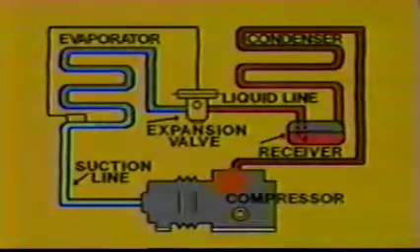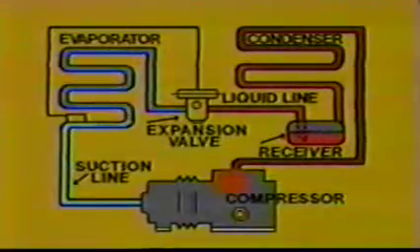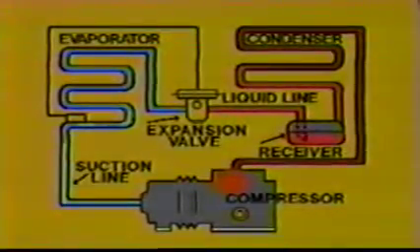The process can continue until the worst possible thing happens. The compressor totally burns out. Once that happens, the system will be filled with as much acid, sludge, and other contamination as it will probably ever see. Contamination that must be removed.